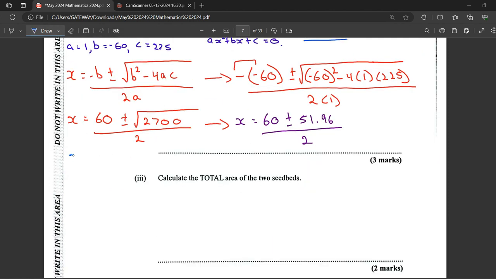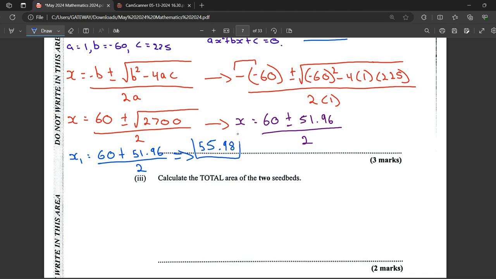So, and x2. So x1 would simply be 60 plus 51.96 all over 2. That would therefore be equal, when you work that out, you'll get something around 55.98.